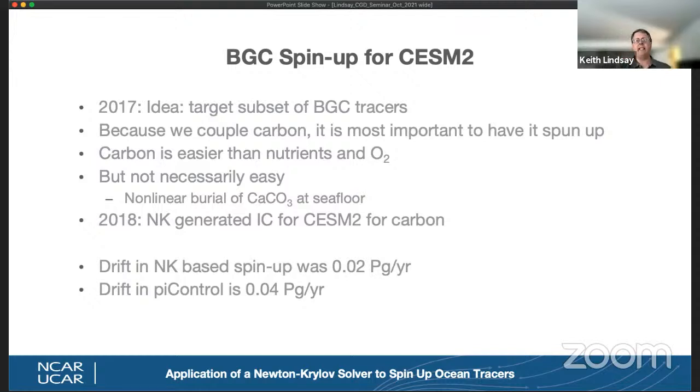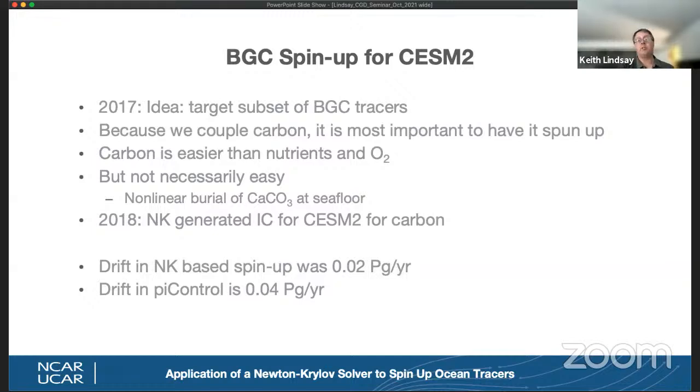There are some nonlinearities with the carbonate system. For instance, the burial of sinking calcium carbonate at the seafloor has some nonlinear interactions with the carbonate chemistry that the model is generating. If things are acidic enough, the calcium carbonate dissolves into the seawater column, whereas if things are not that acidic, then that calcium carbonate gets buried.